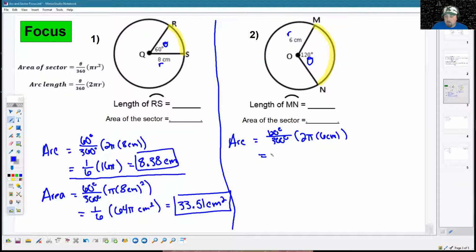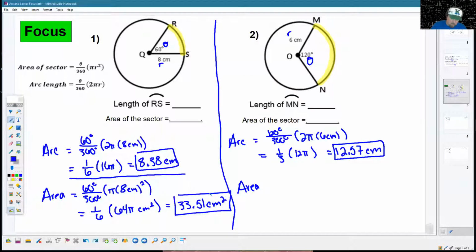So this is going to be 1/3, 12 pi. So we go ahead and plug all that in, and we get 12.57. And we're measured in centimeters because this is just a length. It's 12.57 centimeters. Let's do area.